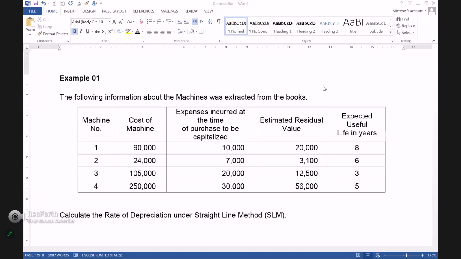MS55, come online. Yes, sir. So what is the answer for the first machinery? Otherwise you can put your answer in the chat box.